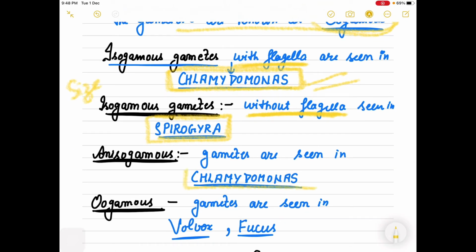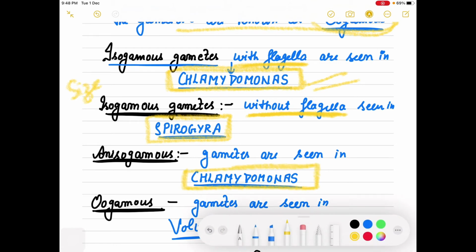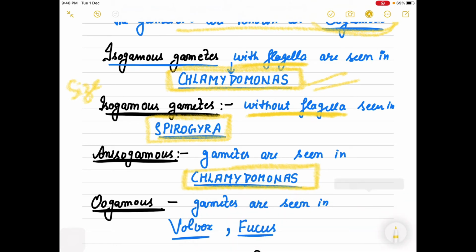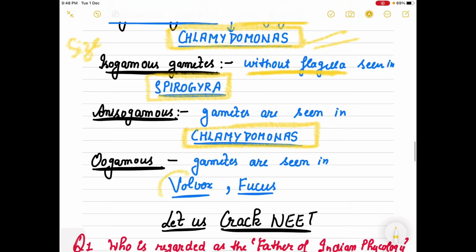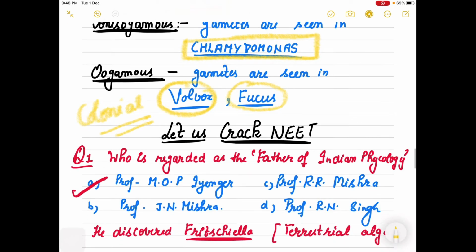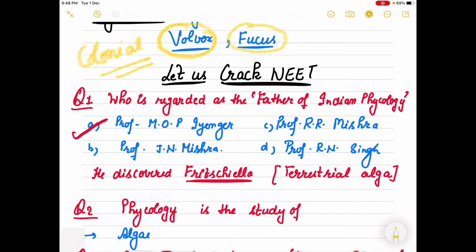A few species of Chlamydomonas also have anisogamous gametes. And oogamous gametes are found in Volvox and Fucus. Colonial, we did Volvox as an example in the colonial group. So it shows the oogamous type of gametes. Now let's find out a few questions that were asked in previous NEET examinations.